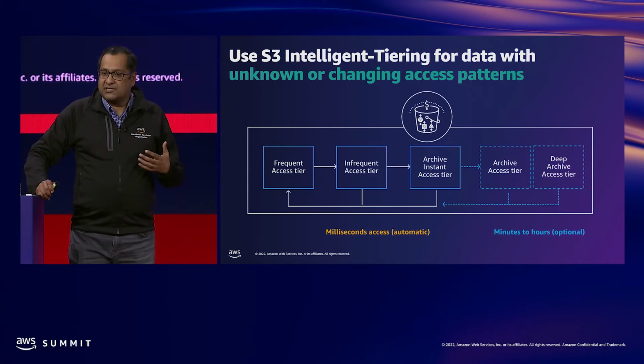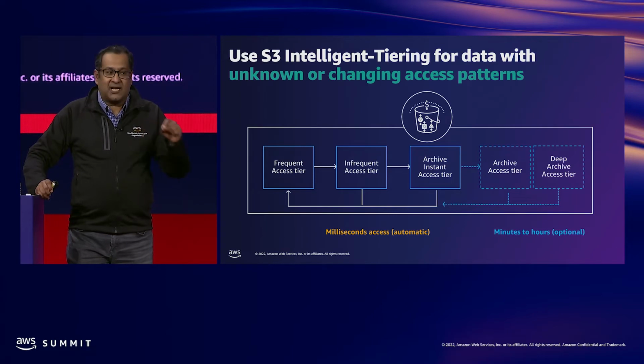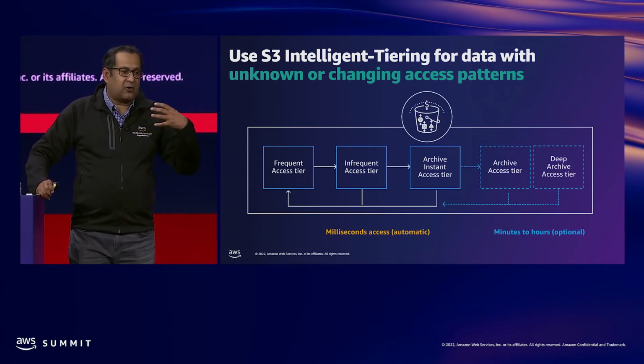The way this works is that when you ingest data into the intelligent tiering storage class, the data goes into what we call the frequent access tier. The frequent access tier is for data when it's first ingested, and it corresponds to S3 Standard in cost, okay? And it'll remain there for 30 days at minimum.